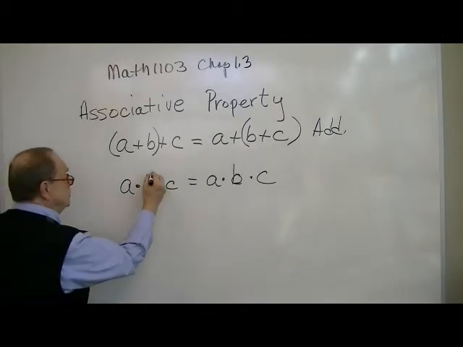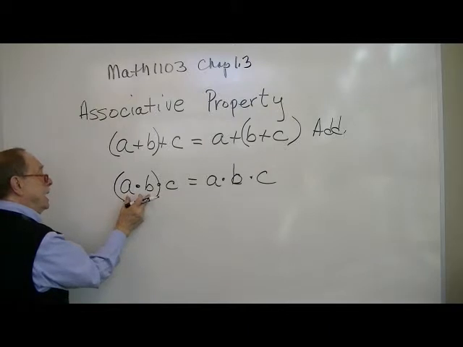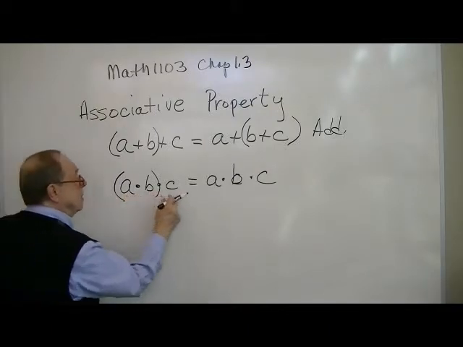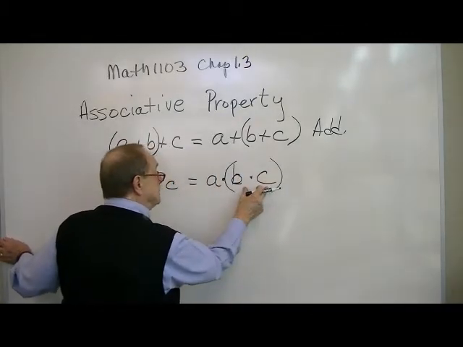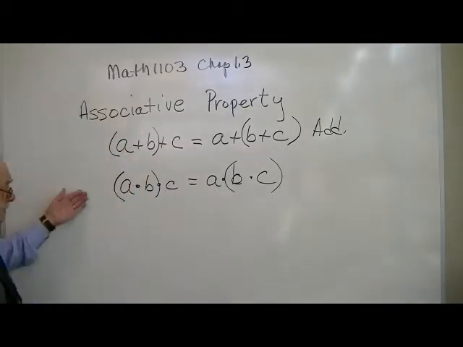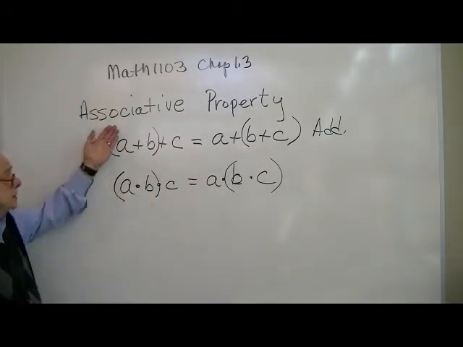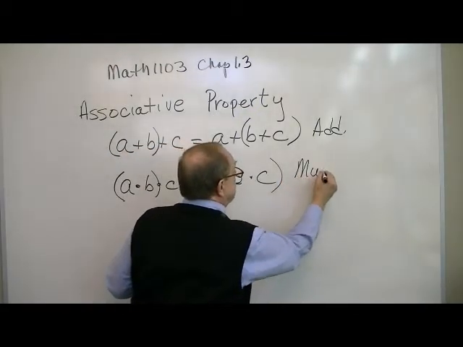But if we do these two first, that is multiply A times B, and then multiply it by C, or if we multiply B times C first, then multiply it by A, this is an illustration of the associative property of multiplication.